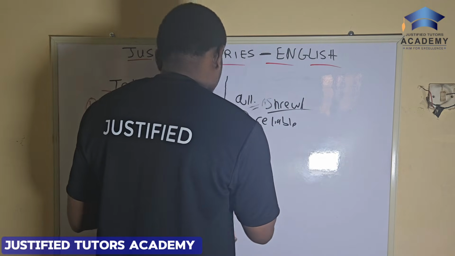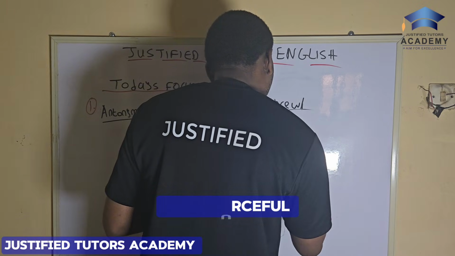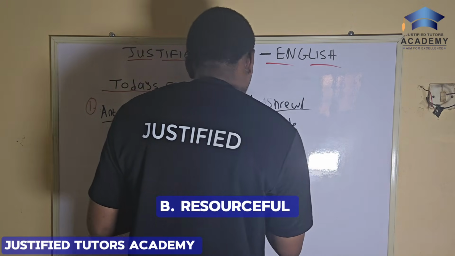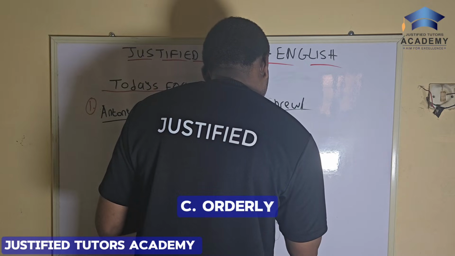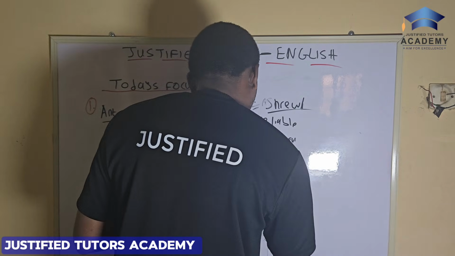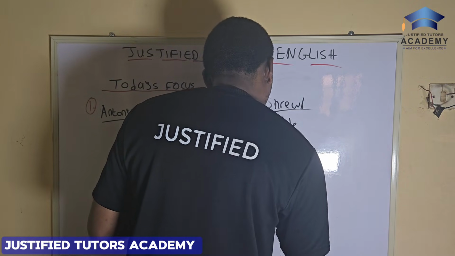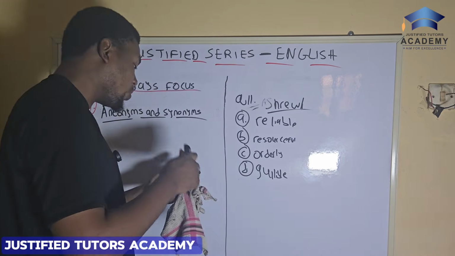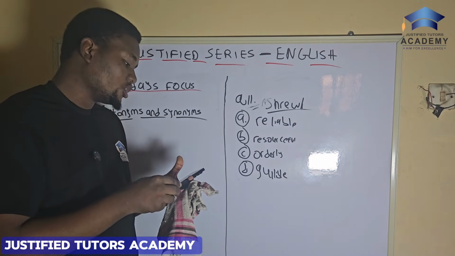Option B is resourceful. Option C is orderly. Option D is gullible. So they said choose the word most nearly opposite in meaning to the underlined word shred.